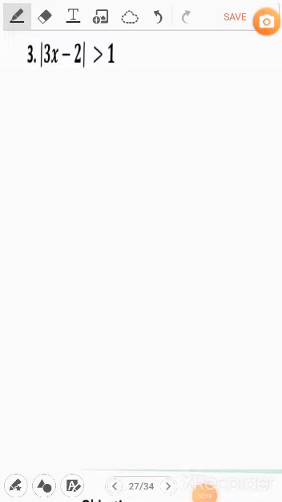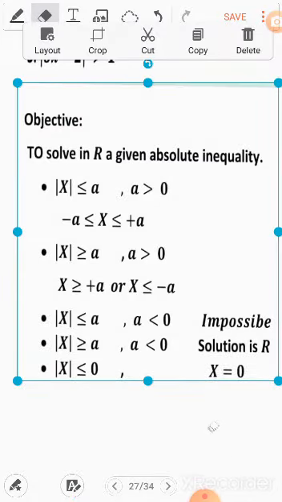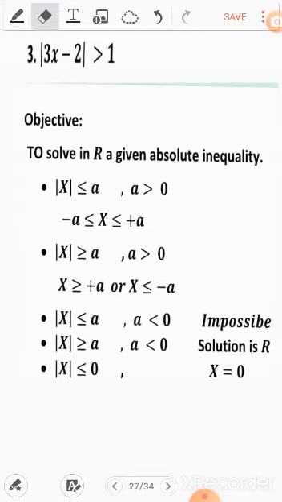Now number 3 is on this formula. Absolute 3x minus 2 is greater than 1. This means absolute x greater than a and a is positive.